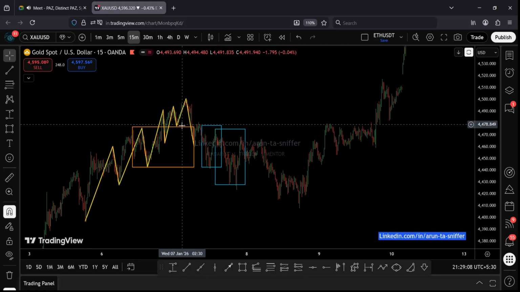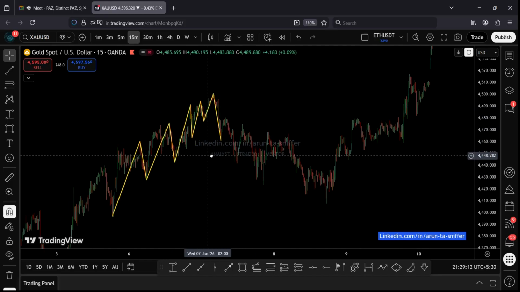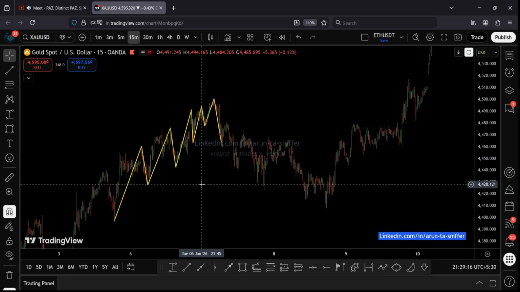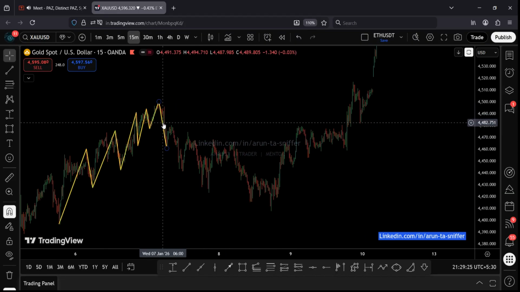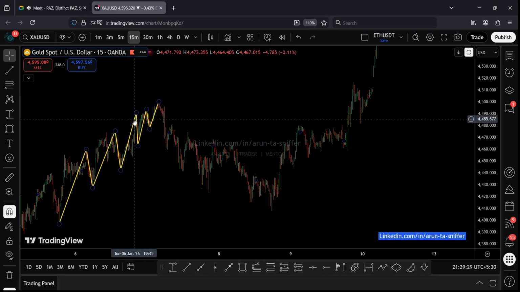Let's delete this. So let's find distinct as an example.